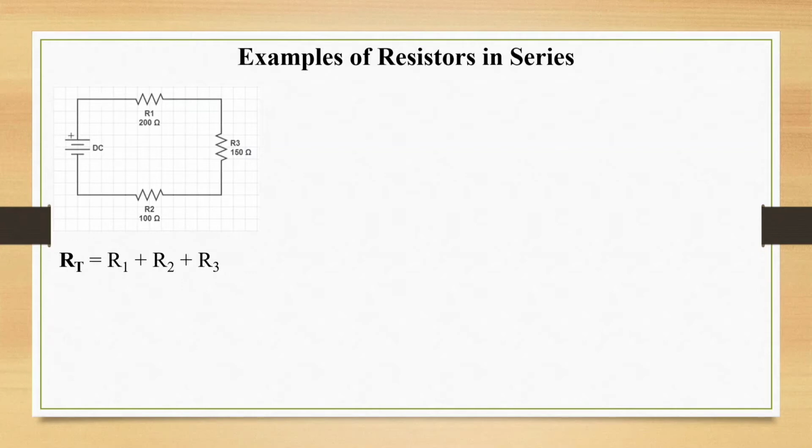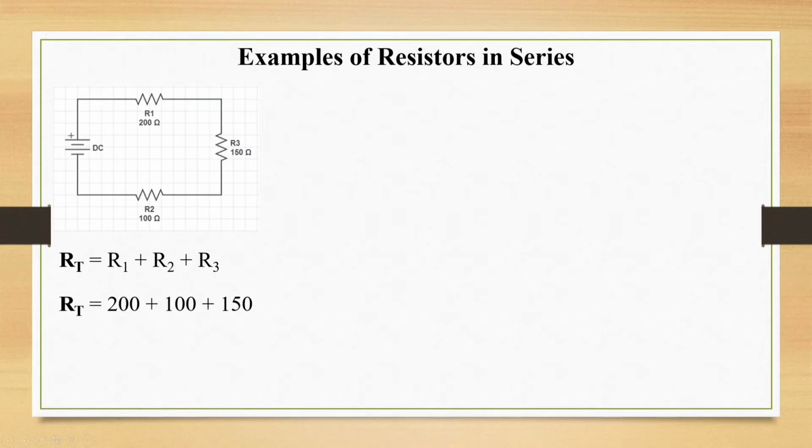You substitute the value of each resistance: R1 is equal to 200, R2 is equal to 100, and R3 is equal to 150.